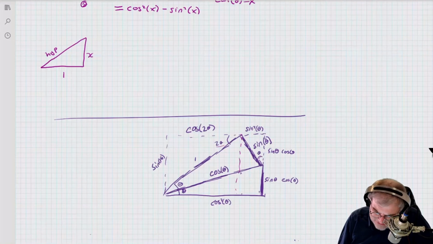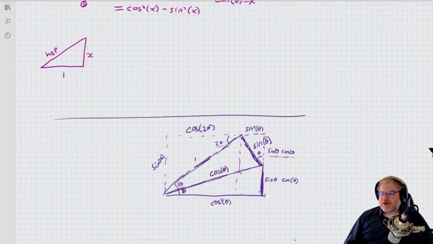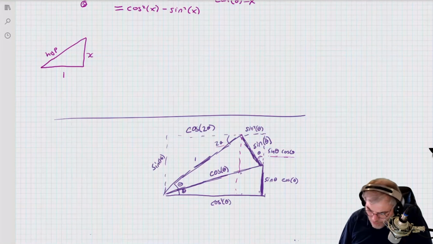That means that for this thing here, since this is my hypotenuse, when I do the math, this is going to come out to sine theta cosine theta, and this right here comes out to sine squared theta. All right. Oh, and by the way, this and this are equal, so those are easier to solve for.